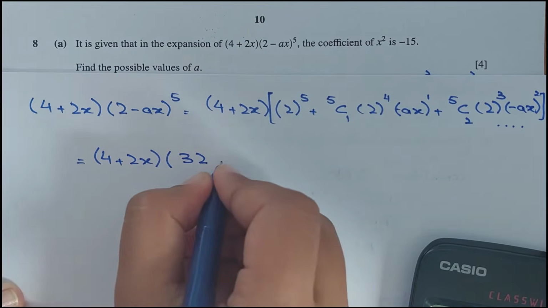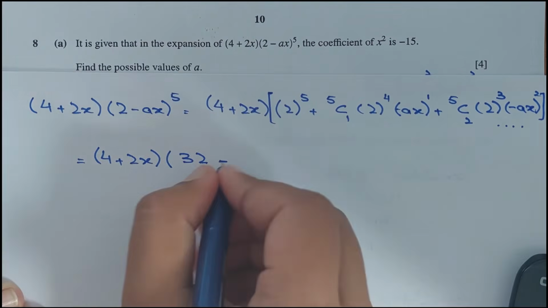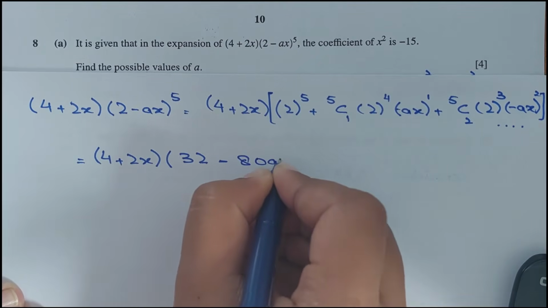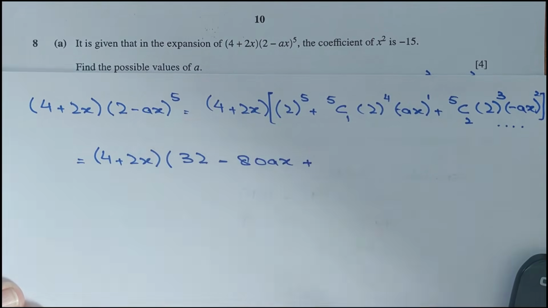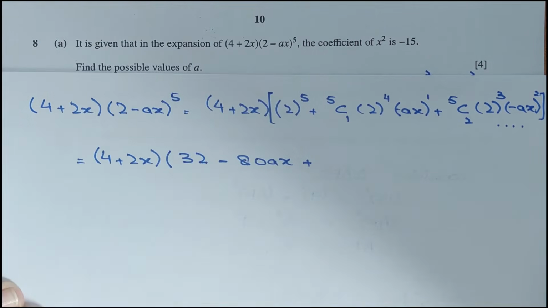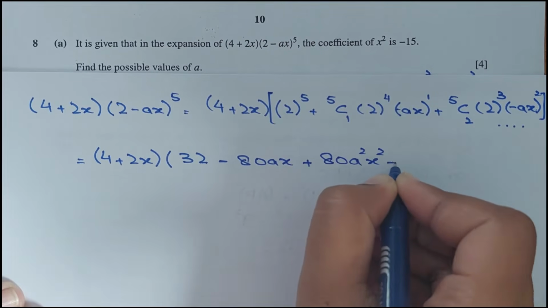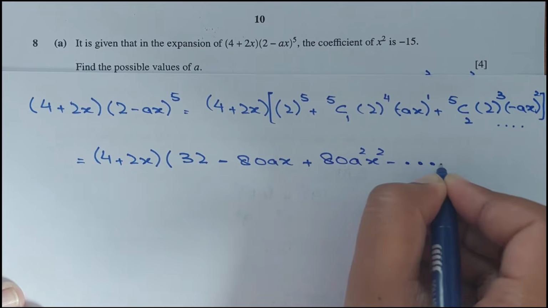This is negative 5C1 times 2 to the power 4, which is 80ax, positive 5C2 times 2 cubed, which is 80a squared x squared, and so on.